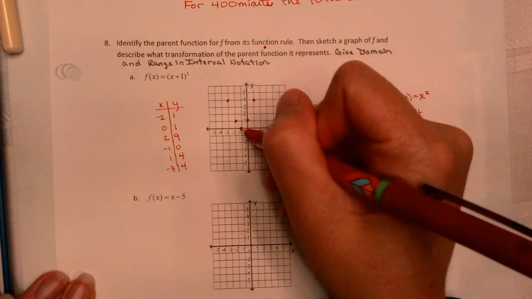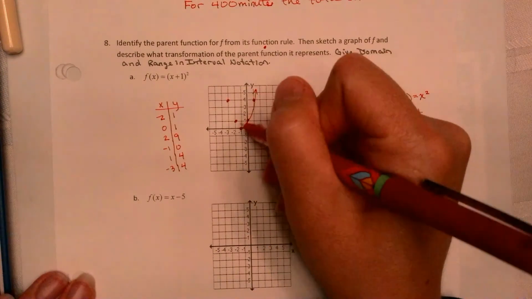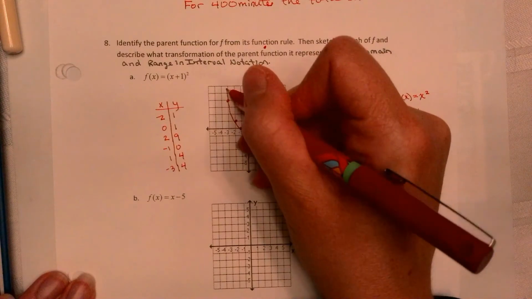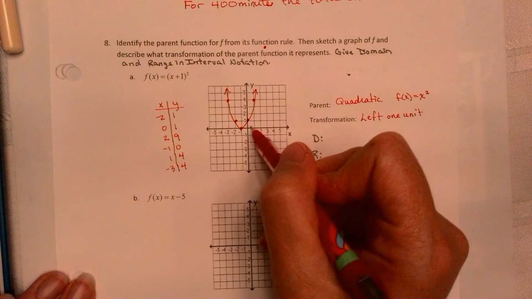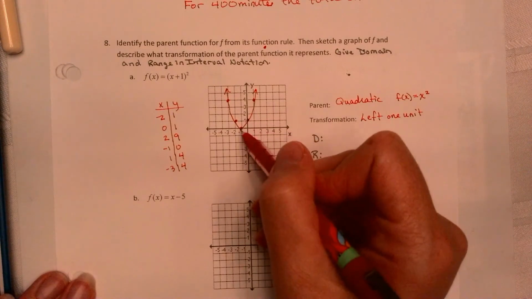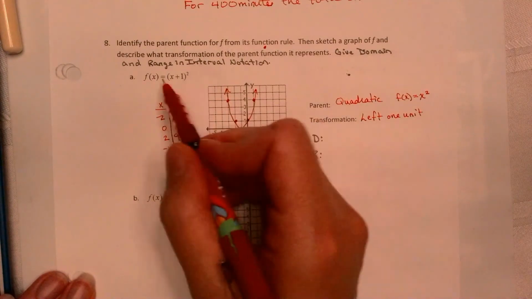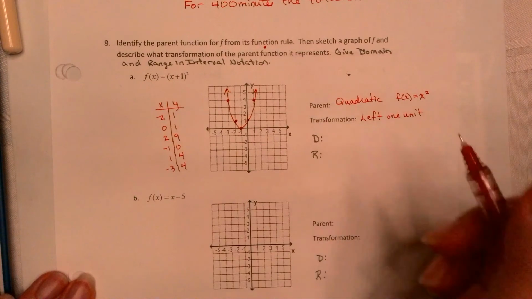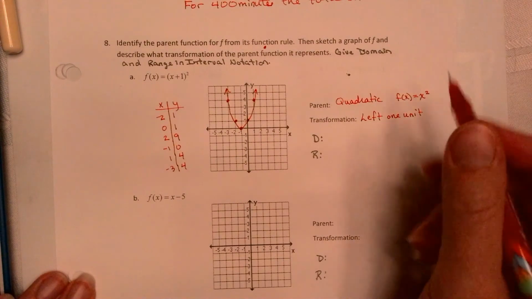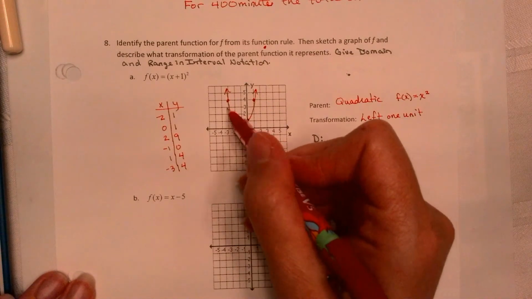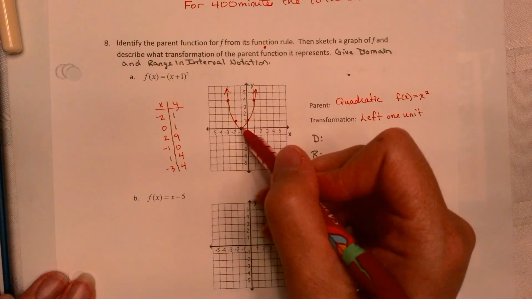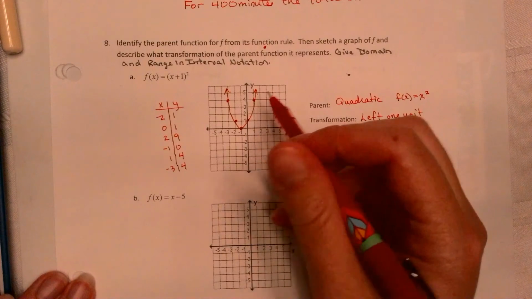There you go. So yes, this is a function. Every x only has one y. It passes the vertical line test. And that's what it looks like. The parent function would have started at 0, 0, and we have shifted left 1. This is in vertex form. Now, the domain, or what the x's can be: we see the graph going up, but as it's going up, it's also going to the left and to the right.